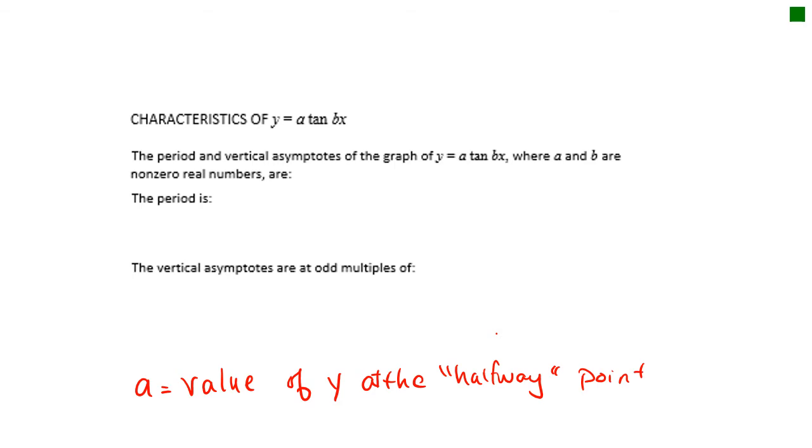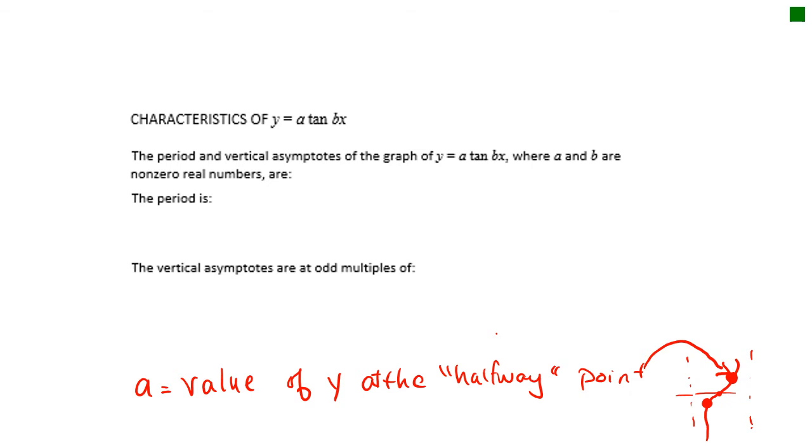If we think about asymptotes, we're at 0, 0, this point right here, and this point right here. So what is the value of y there? Before, when it was at pi fourths, the value was 1, because the tangent of pi fourths is 1. So we're talking about this point right there.